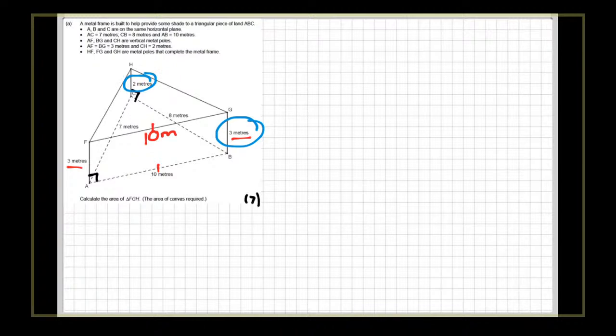And think about a piece of wood that one corner has been cut off. That is what this thing will look like. So now I'm going to go towards calculating the area of FGH. So that slanted triangle there.